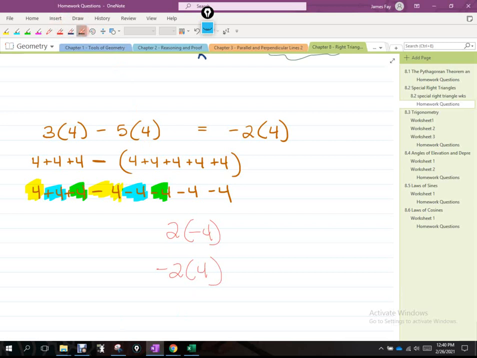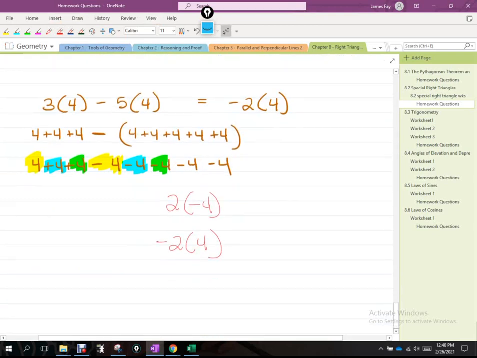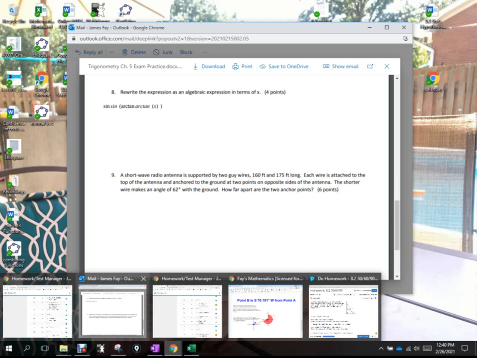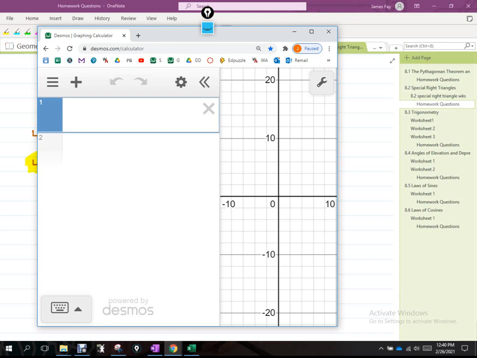Well, when we look at this here, 3 radical 6 and 3 radical 2, think about what radical 6 is. It's a symbol for another number. And that other number is, I'm just trying to evaluate this quick. So square root of 6 is that.